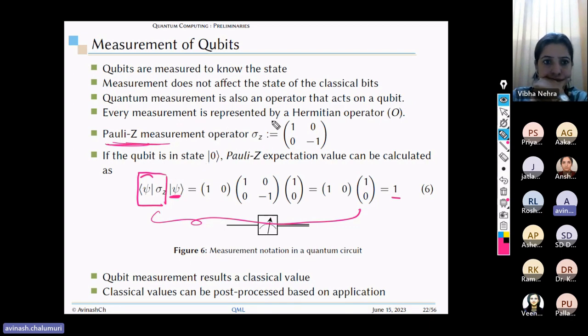Why Pauli-Z? Because if you observe, if the initial state of the qubit is 0, which is represented by (1, 0), you will get 1 as output. If it is 1, which is represented by (0, 1), you will get -1 as output.